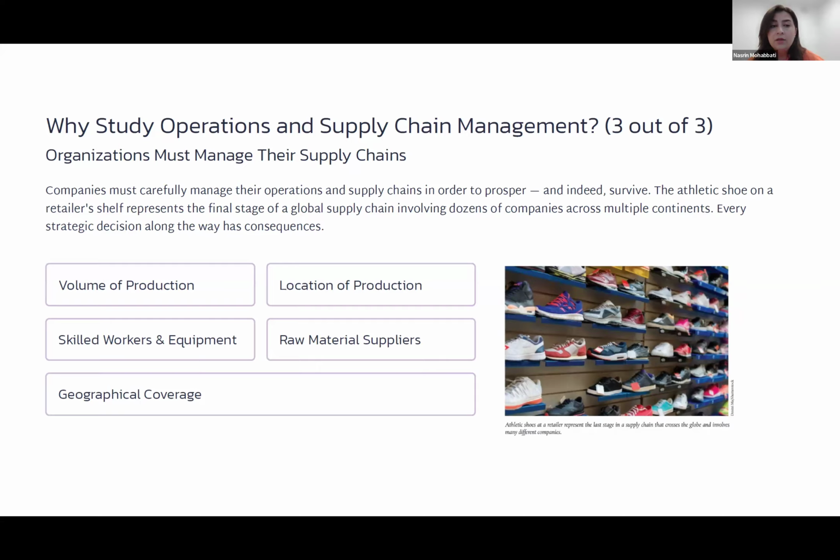Again, the location of production matters because do you have access to skilled workers? Do you have access to equipment? How would you provide the raw materials? Who will be your suppliers? And also your market. Are you planning to sell only in the United States, only in California, or is it a global business?